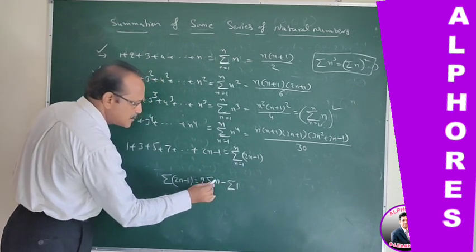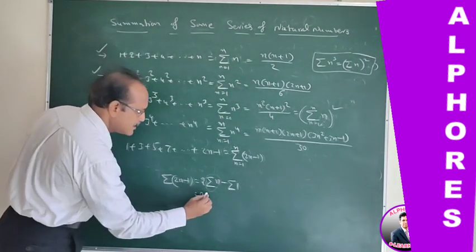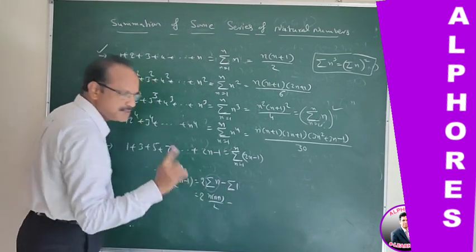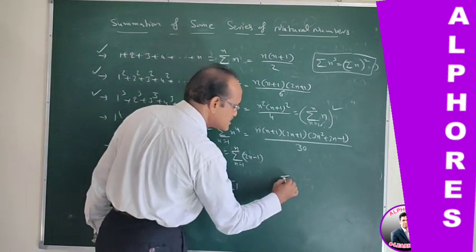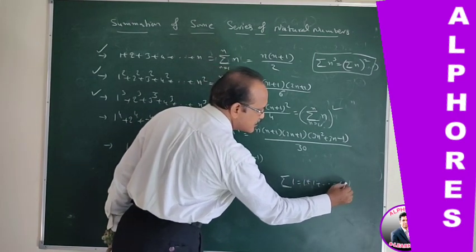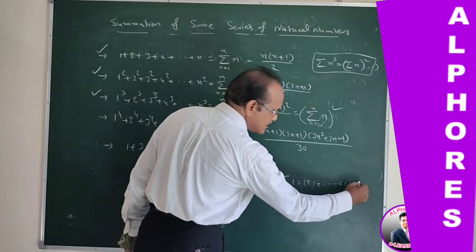The sum of the first n natural numbers formula is given by n into n plus 1 by 2. Remember that sigma 1 means you are adding 1 n times, 1 plus 1 plus 1 up to n times. So n times of 1 is nothing but n.